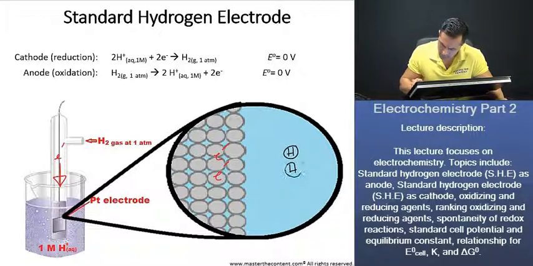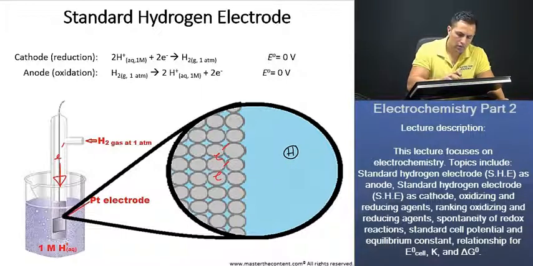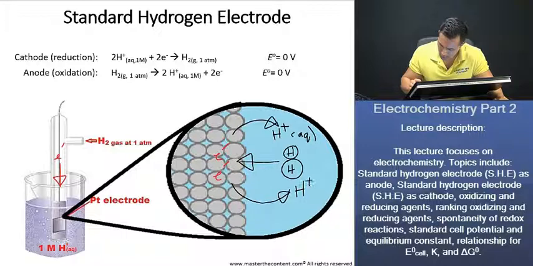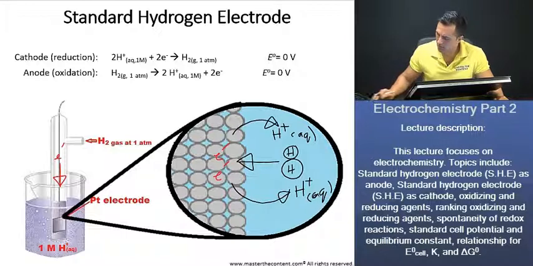When our gas is going to be oxidized, that will lead us to our hydrogen ions. Now, let me just write this a little neater here.